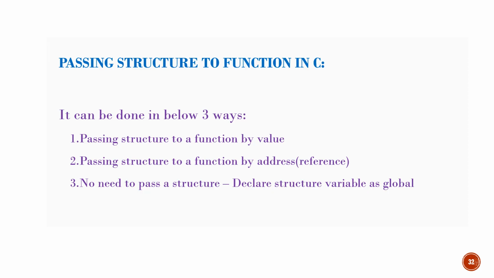Method number one, passing the structure to a function by value. Second method, passing the structure to a function by address, that is by using references or the pointer mechanism. And third, we can declare the structure as a global variable. In that case, it will be accessible to all the functions in the program.